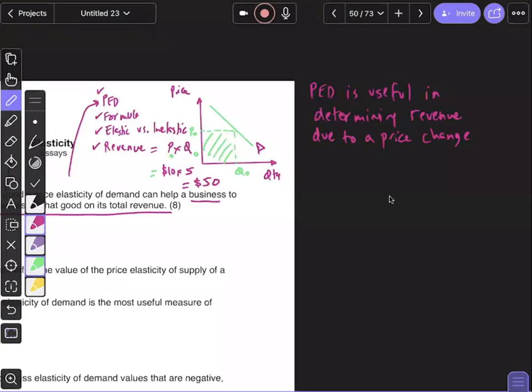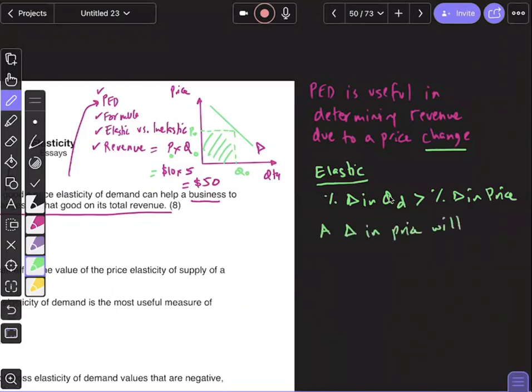Well, we say this: if, for example, the good is elastic, this means percentage change in quantity demanded is greater than percentage change in price. So a small change in price will lead to a proportionately large change in quantity demanded.